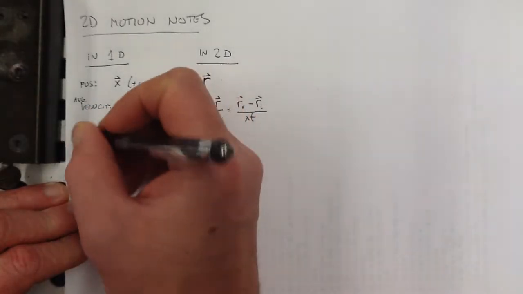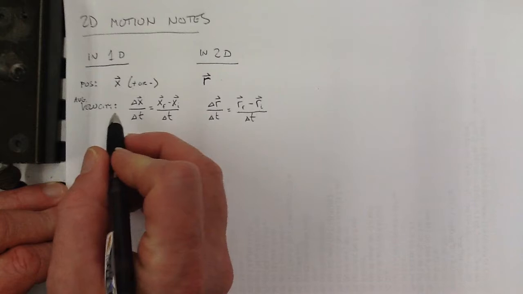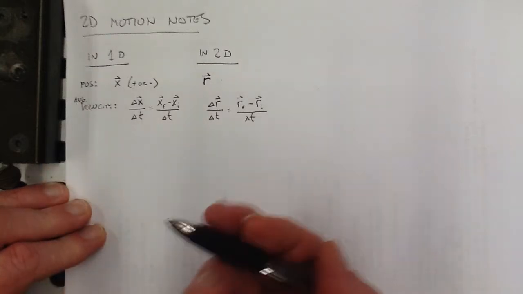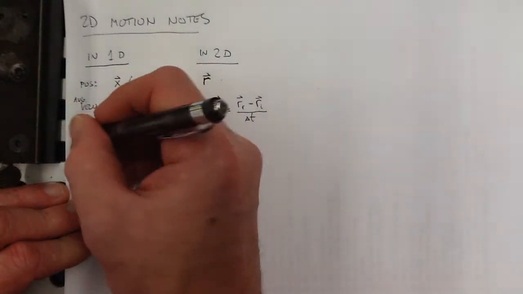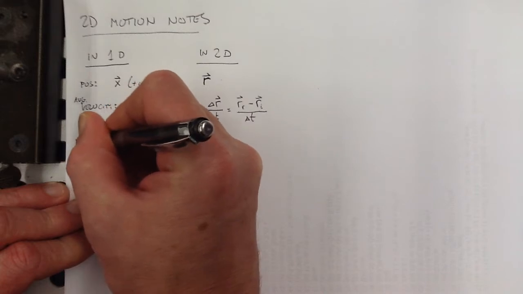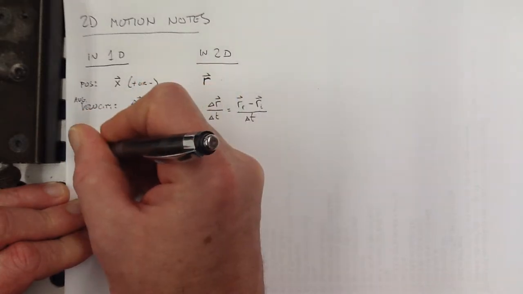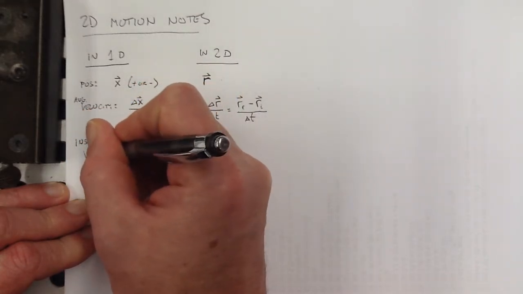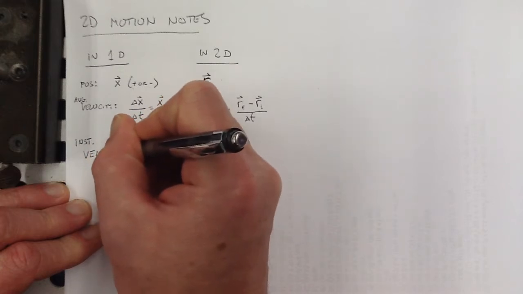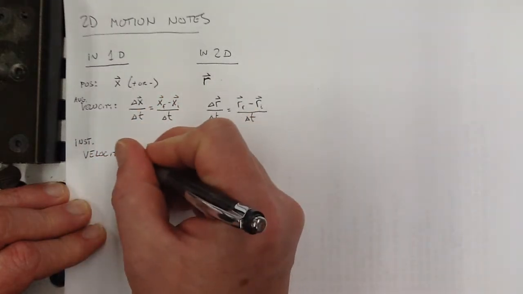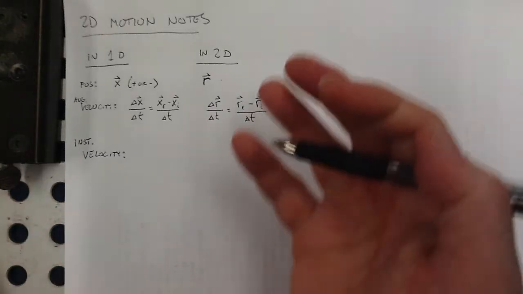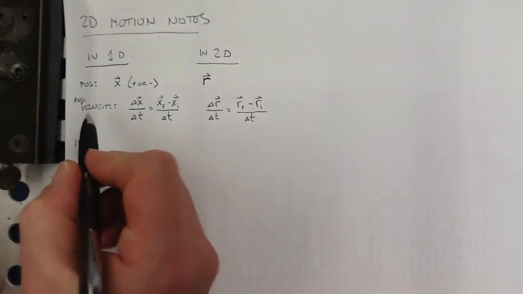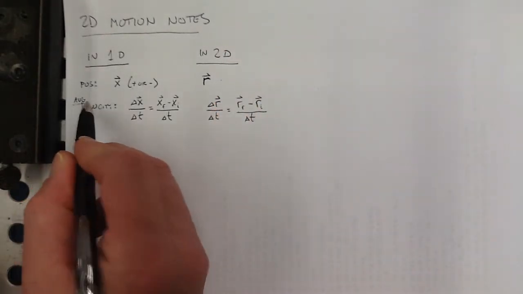If somebody just says velocity and they don't say average velocity, you would have to assume that they meant instantaneous velocity. I'm going to clarify that here. If you run into some situation and it only says velocity and you're scratching your head, does that mean average or instantaneous? It doesn't mean average velocity unless it says average velocity.